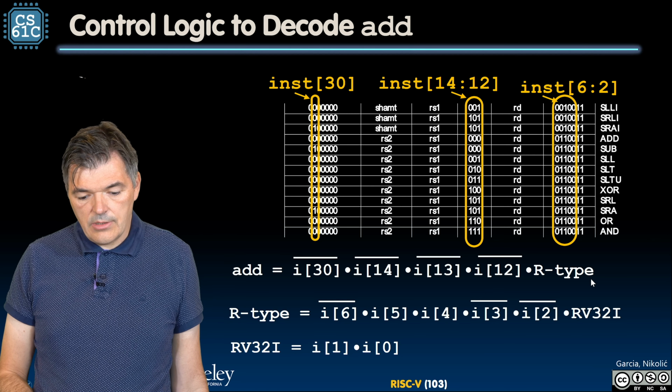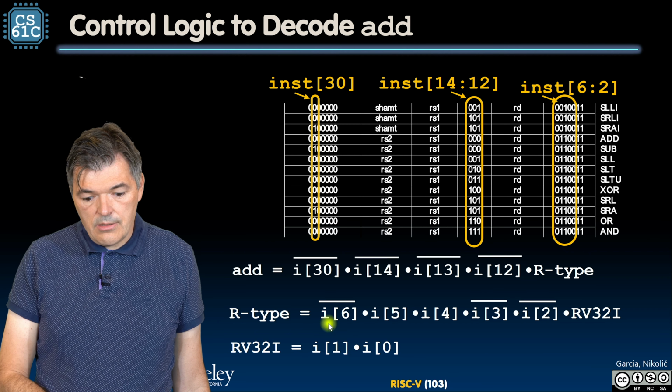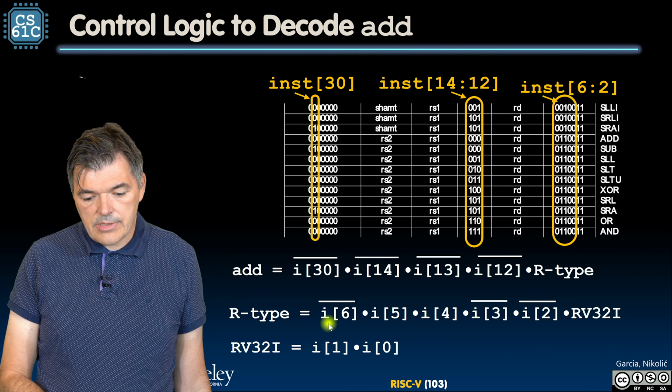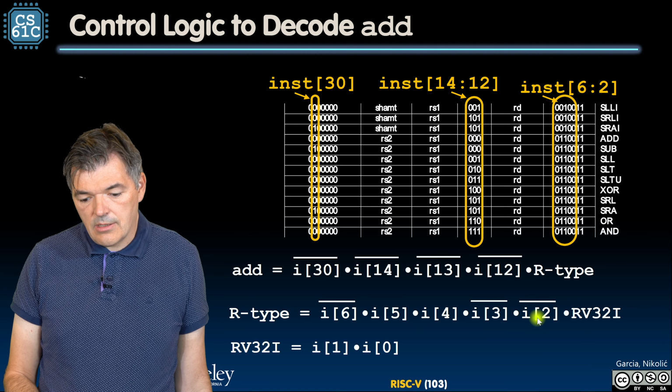R-type is encoded as I6 being false, I5 being true, I4 being true, I3 being false, I2 being false, and that's it.